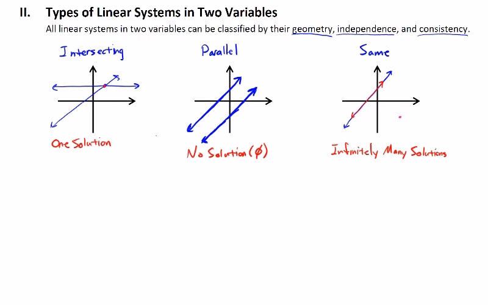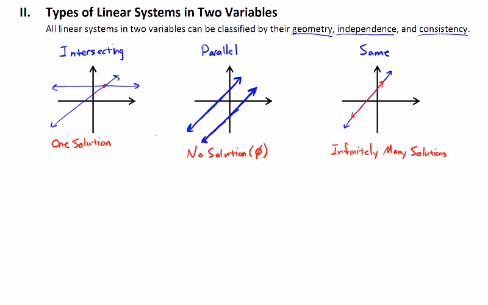So we're going to have to talk more later on about how to actually document which infinitely many solutions we want, which ordered pairs we want, and which ones we want to leave out, because there's just as many that we want as that we don't want. So we'll talk more about that later on. And that's the geometric approach to classifying your linear systems. You either have an intersecting lines case, a parallel lines case, or a same lines case.